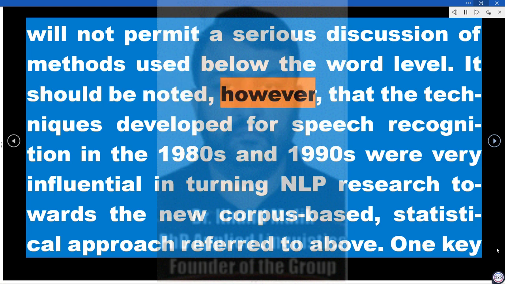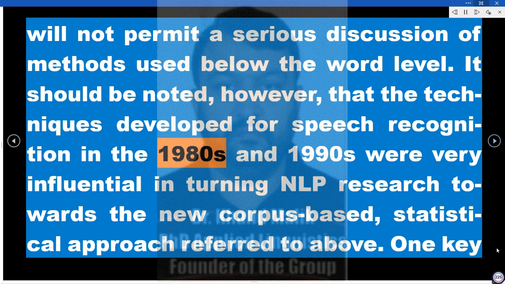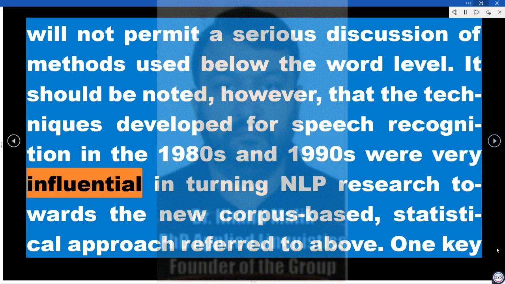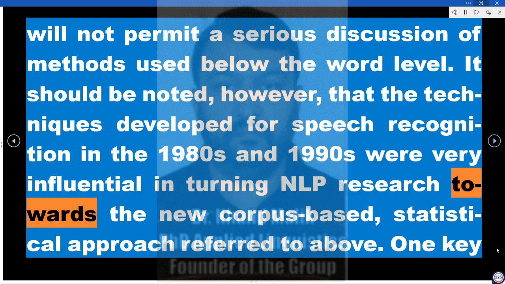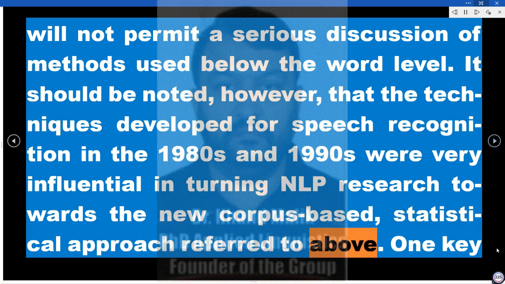It should be noted, however, that the techniques developed for speech recognition in the 1980s and 1990s were very influential in turning NLP research towards the new corpus-based, statistical approach referred to above.